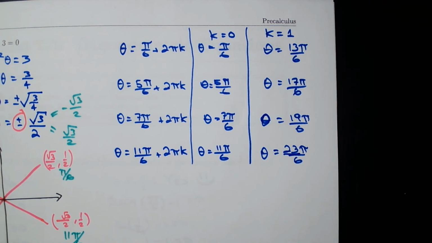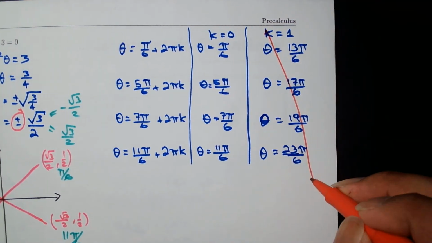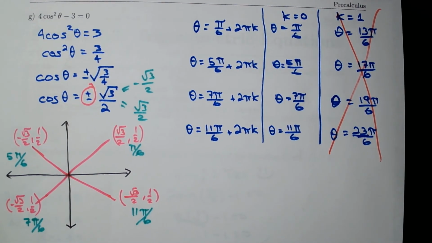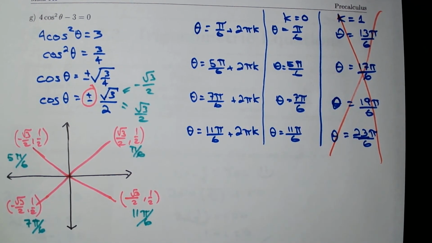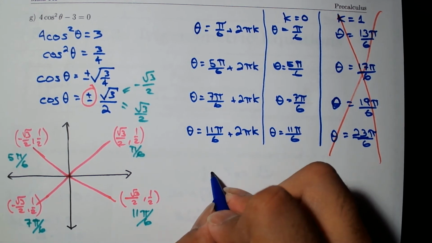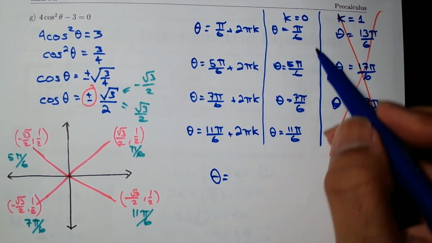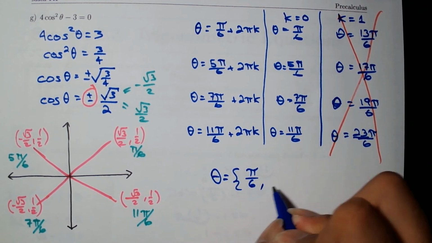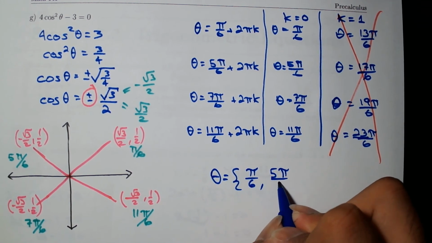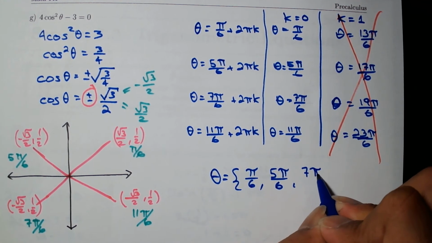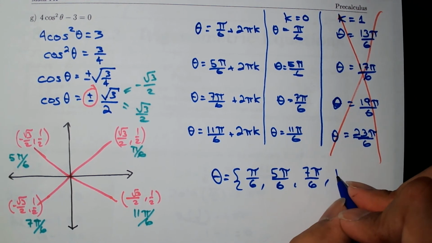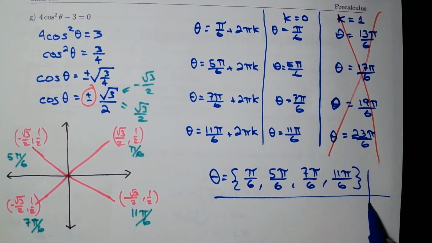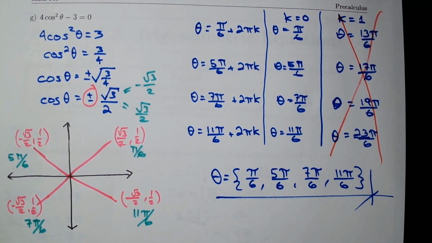But did you notice something interesting here? All these values are outside of the range for the equation that we want to do, from 0 to pi. So the only solutions are theta equals these 4: pi over 6, 5 pi over 6, 7 pi over 6, and 11 pi over 6. Final answer.